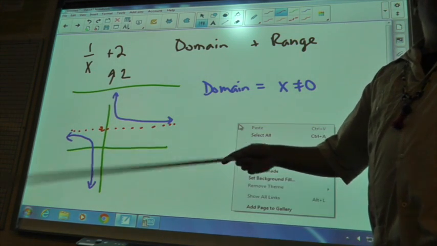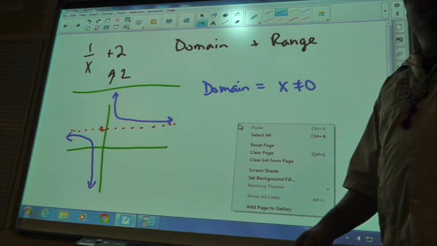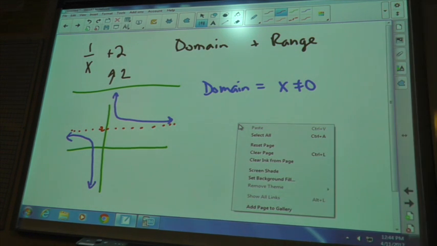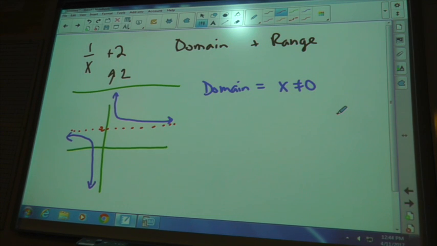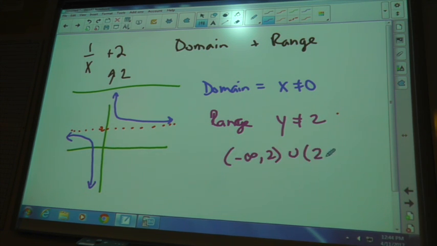At 2. It makes sense, doesn't it? You're moving the asymptote up 2 also. So the horizontal asymptote, or the range, you could say y not equal to 2, but my math lab will want negative infinity to 2 union 2 to infinity. Like I said, you can use your graphing calculators to help you out.